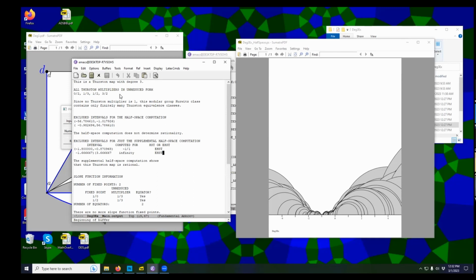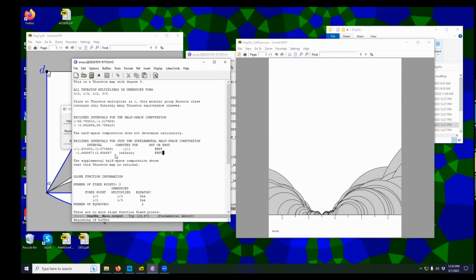If there is a fixed point with multiplier 3/2, then that's an obstruction. But it's not necessarily a fixed point. I see. These are not coming from fixed points. These are covering all slopes. I see. When we consider all slopes, these are the multipliers which occur. Okay, I see. Okay, thank you.